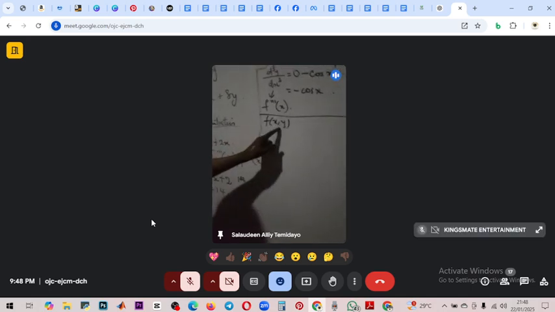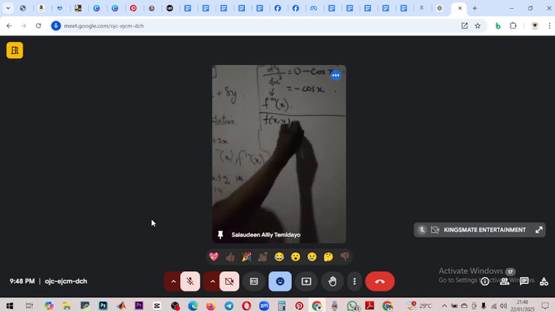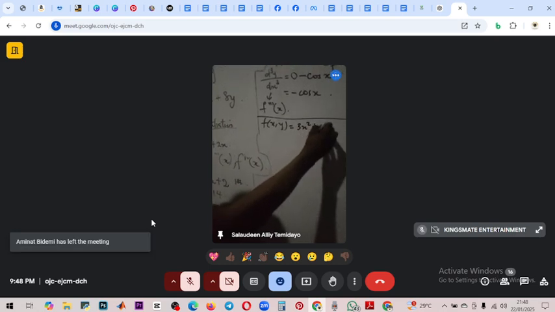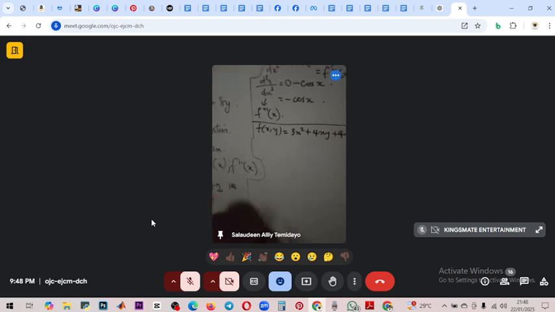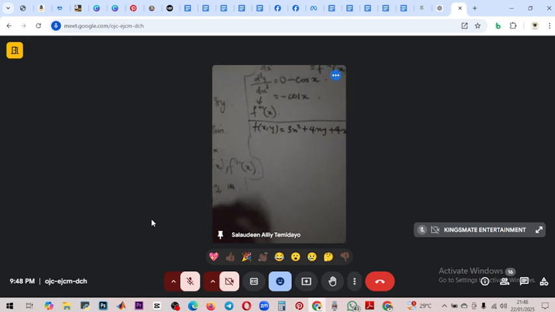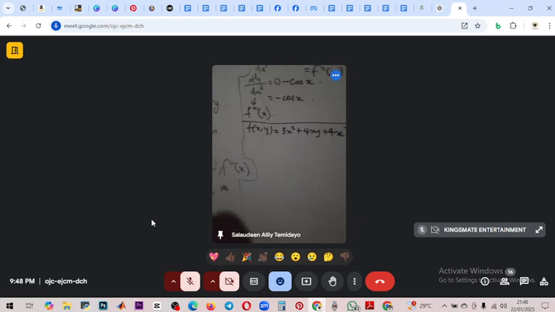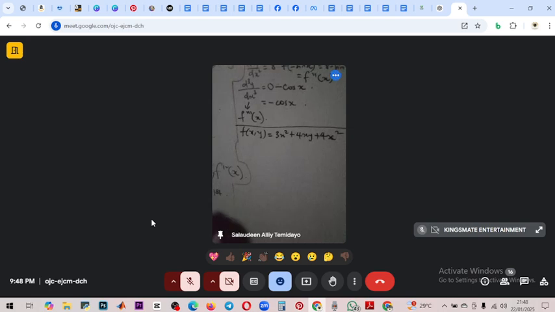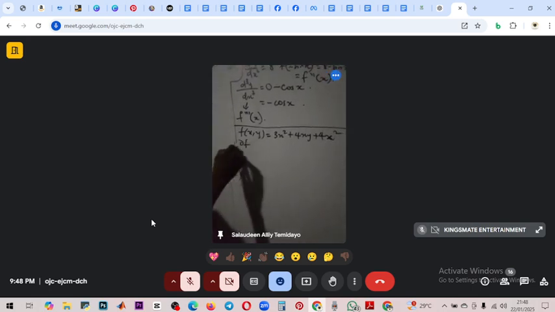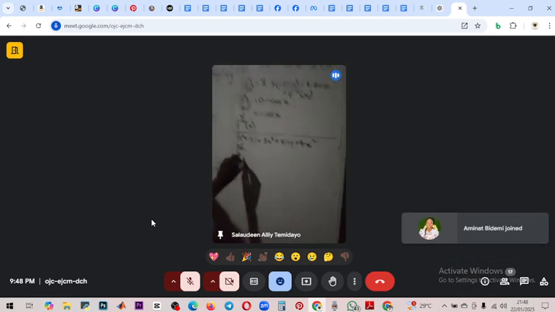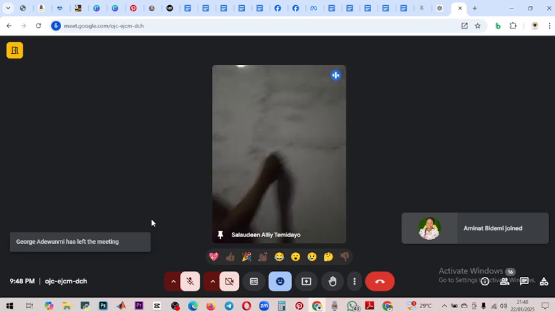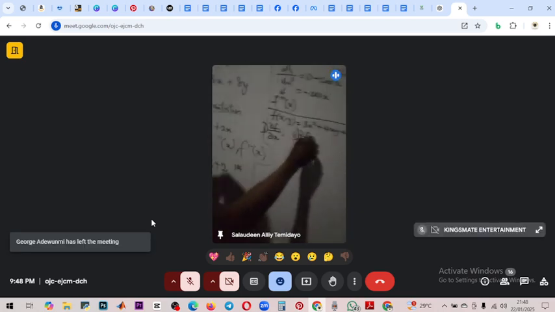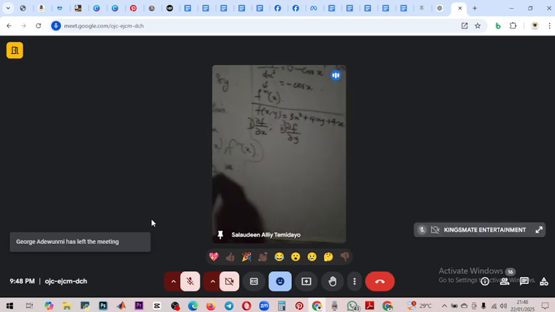That means f is a function of two variables, x and y, is equal to 3x squared plus 4xy plus 4y squared. Now the thing to find now is the partial derivative of f with respect to x. That is the first problem. The second problem is the partial derivative of f with respect to y.